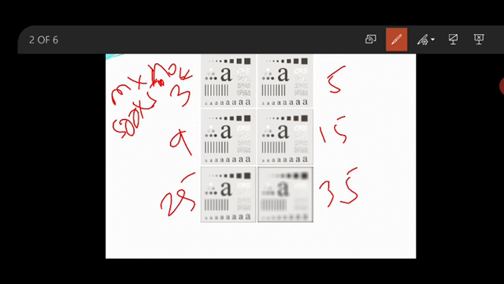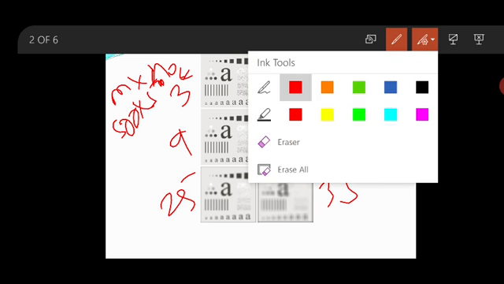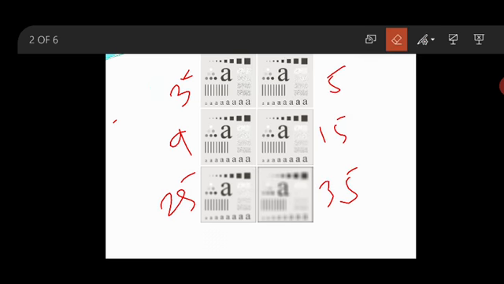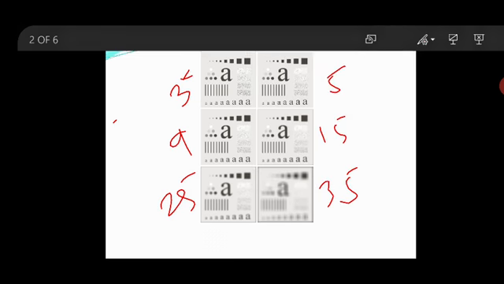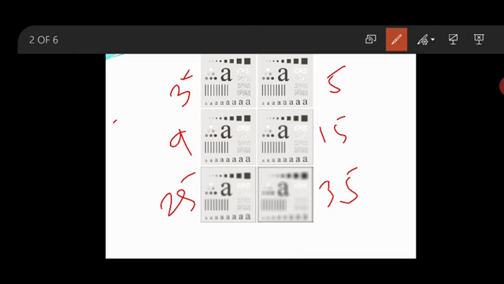If I take a 5 by 5 window, look at this one. If it is a 5 by 5 image, 5 rows and 5 columns, this will be my center pixel. So how many values will be there?